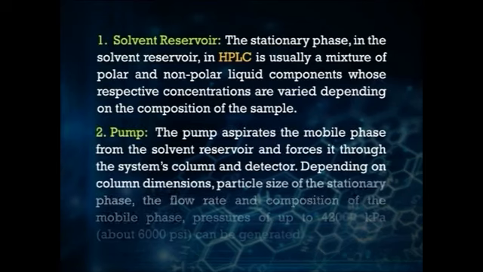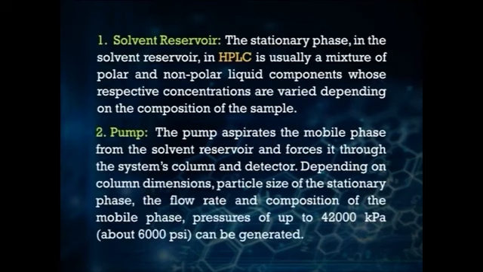Second is the pump. The pump aspirates the mobile phase from the solvent reservoir and forces it through the system's column and detector. Depending on the column dimensions, particle size of the stationary phase, the flow rate and the composition of the mobile phase, pressures of up to 42,000 kilopascal or about 6,000 psi can be generated.